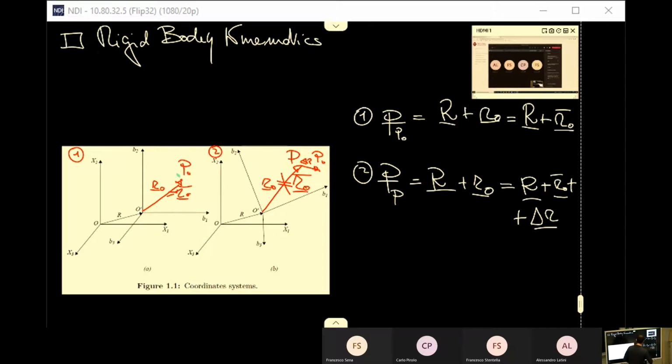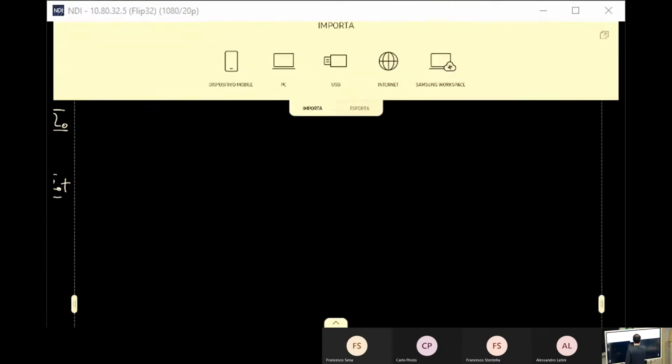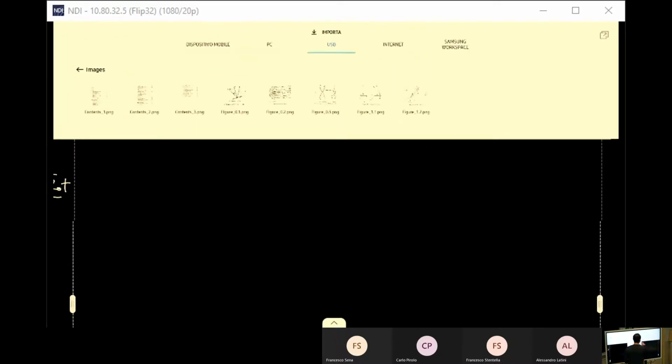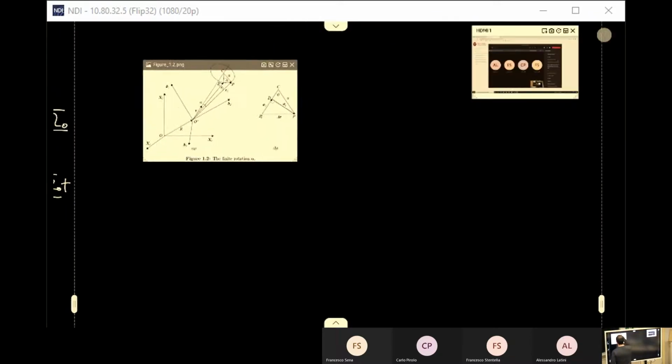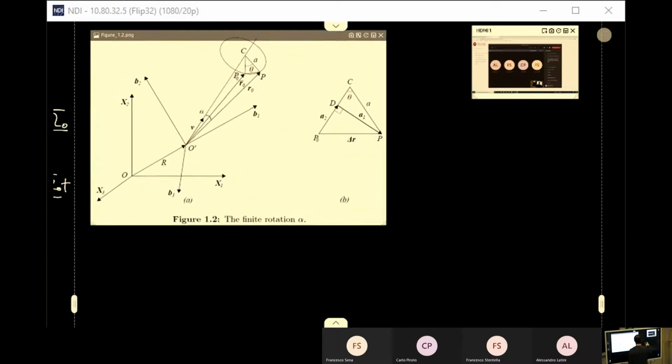Let's look at it with a drawing, which hopefully will clarify things. So you see, this is exactly what we were saying.